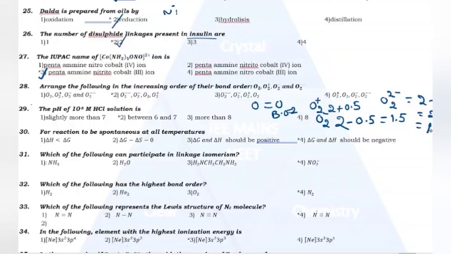But 10 power minus 8 is less than 10 power minus 7. That means for this particular solution, we should not neglect the H plus ion concentration from the water. So add these two, 10 power minus 7 plus 10 power minus 8, you will get some number, that H plus ion concentration.